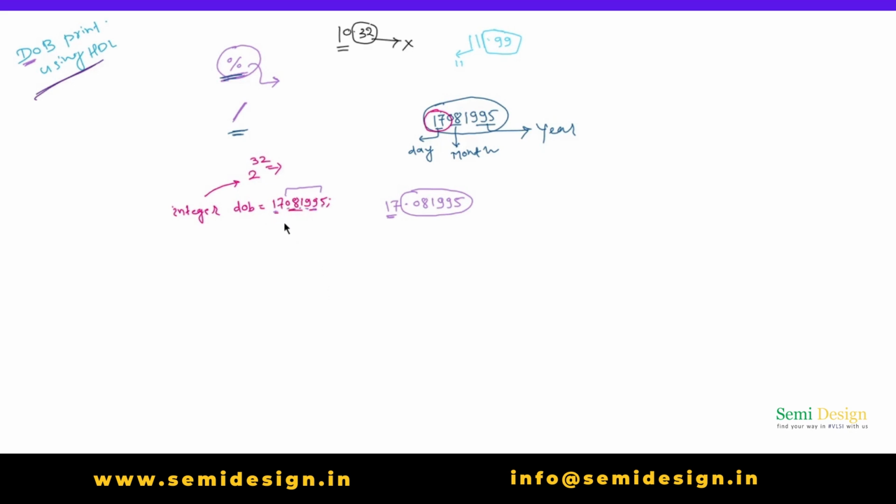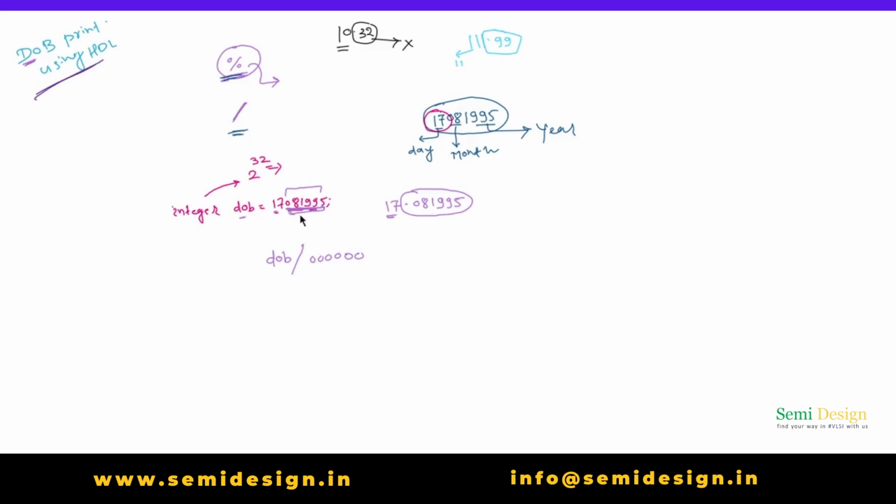So very simple, just take DOB and divide it by 1 followed by 6 zeros.